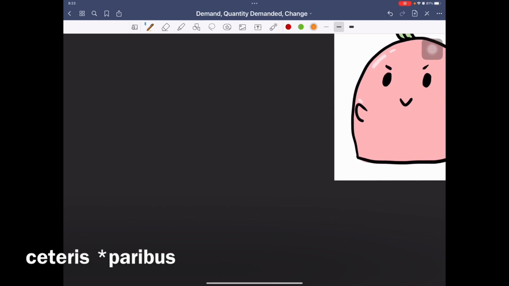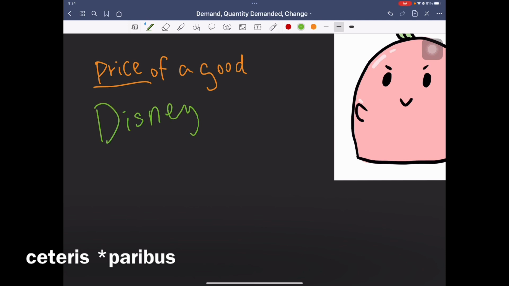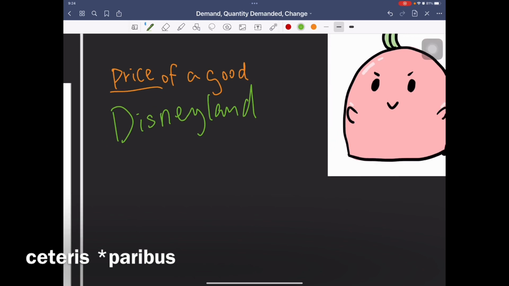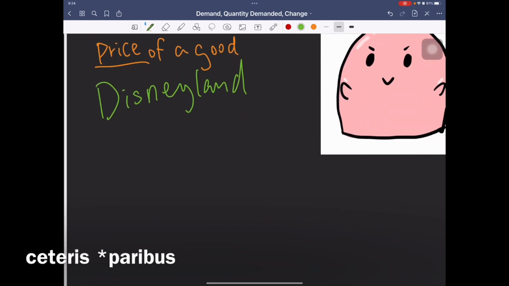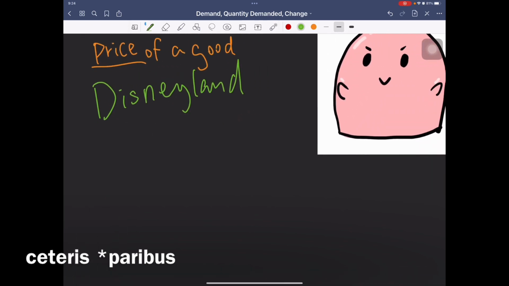So there are a few examples about this. The first example is the price of a good. Let's say you want to go to Disneyland, to enjoy the Disneyland service.